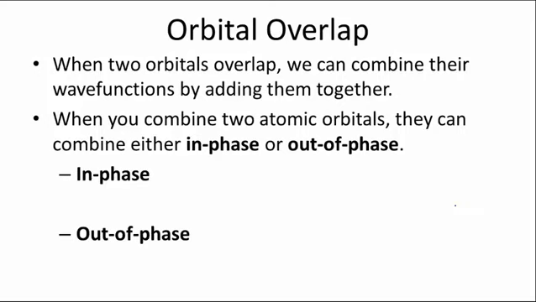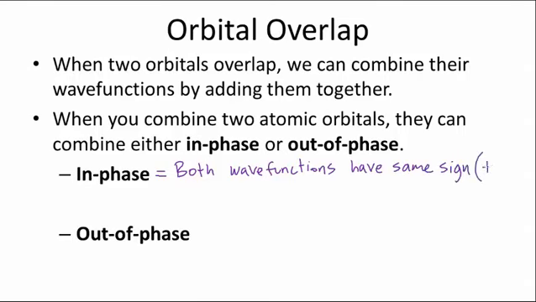We call that in-phase overlap. Out of phase overlap would be one of them is positive and one of them is negative.